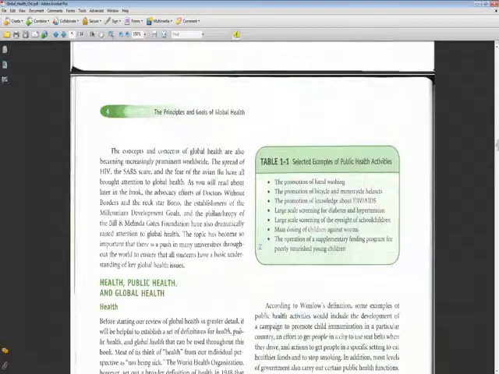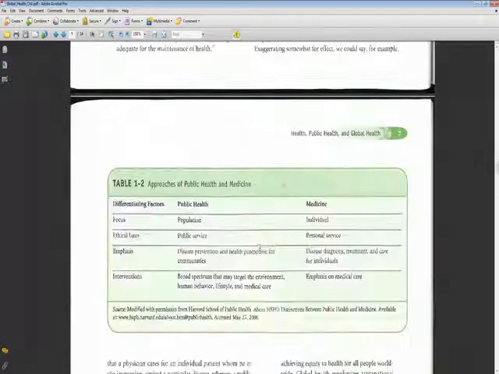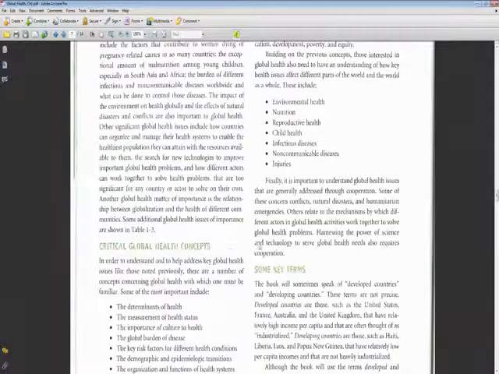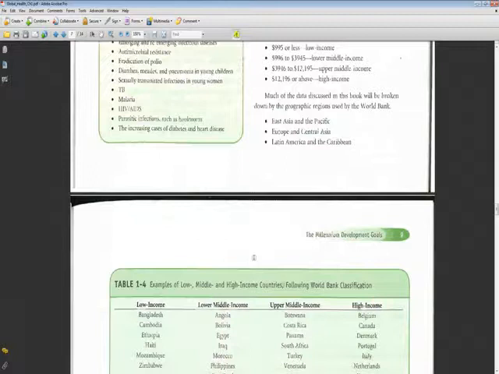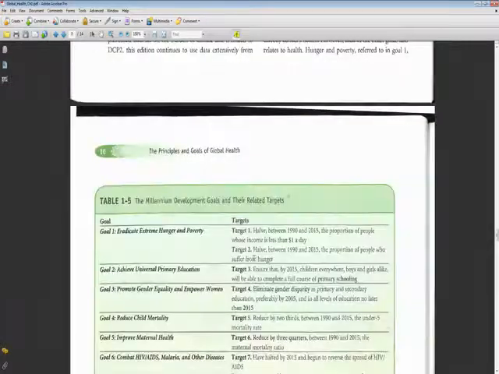Read all the tables in detail, and just keep going through these and coming up with the idea of what the chapter's talking about.